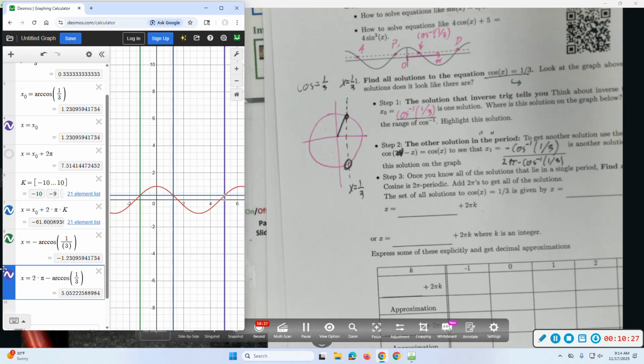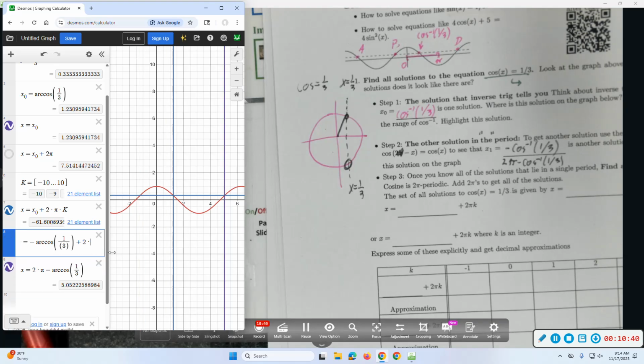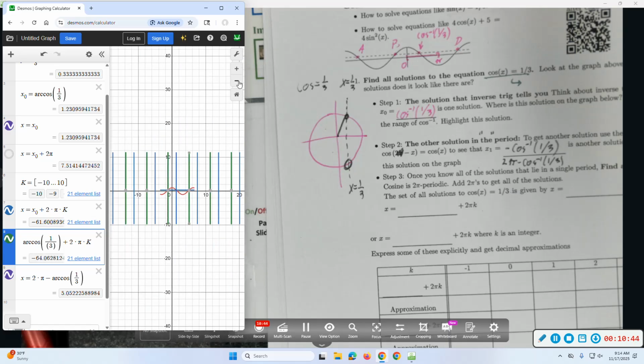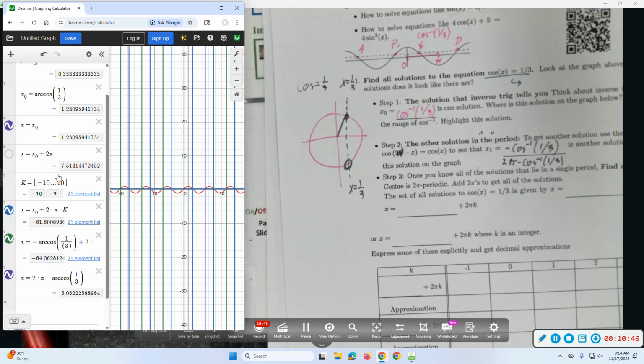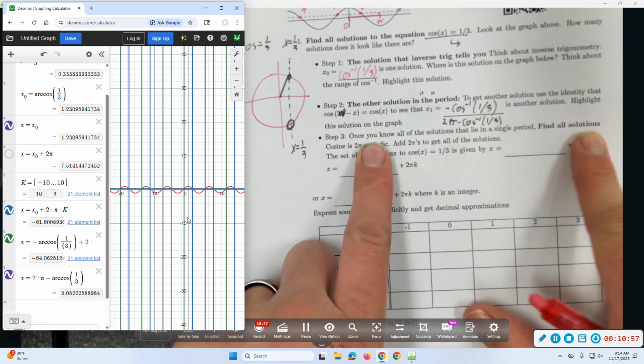How can we find the rest of the solutions? Another round of plus 2 pi k. Nice. Plus 2 times pi times k. There we go. Does that seem to have captured all the solutions? Nice. So once you know all the solutions that lie in a single period, I find all the solutions.